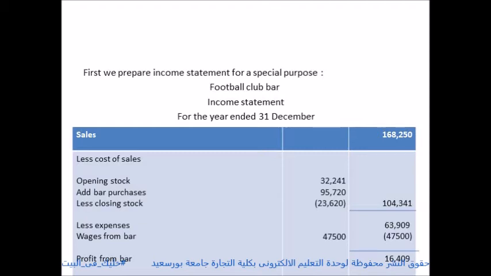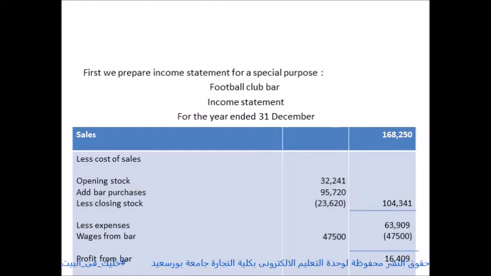The cost of sales is calculated as follows: opening stock 32,241 plus bar purchases 95,720 less closing stock 23,620. So the cost of sales is calculated by adding the opening stock to the bar purchases and subtracting the closing stock.